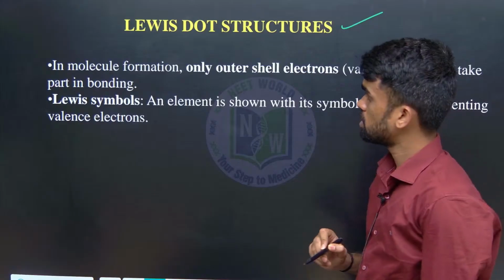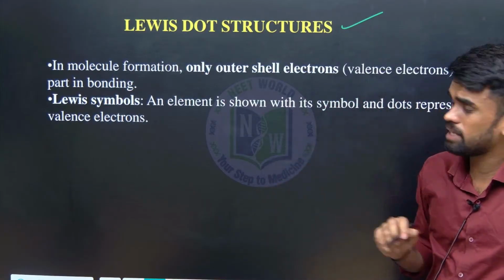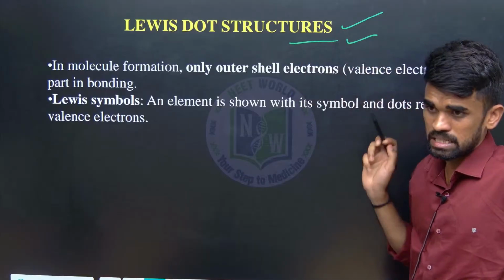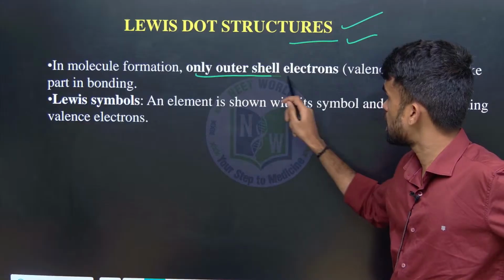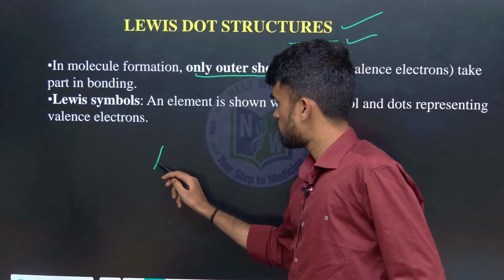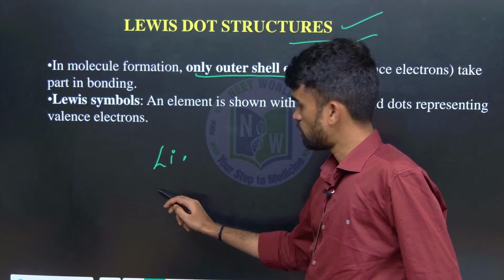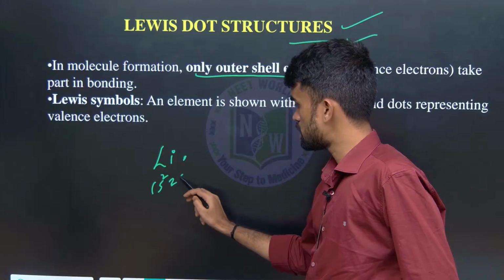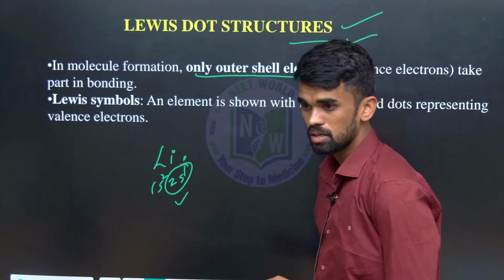Lewis dot structure. In order to explain how molecules exist, he gave his first explanation, that is the Lewis dot structure. He said that only outer electrons take part in bonding. For lithium, how many outer electrons are there? 1s2, 2s1. So this 1 electron only takes part in bond formation, the highest energy level.